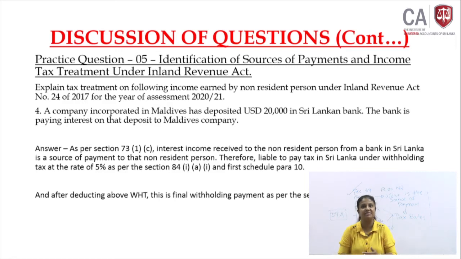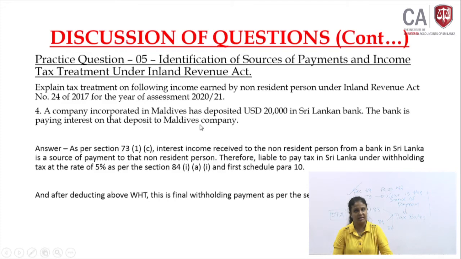It is interest income. Secondly, you have to think, is it covered under section 73? What do you answer? Yes. What is the source of payment? Interest income to the non-resident person. Clear? The bank is paying interest on the deposit to the Maldives company. There is a source of payment. What is the source of payment?